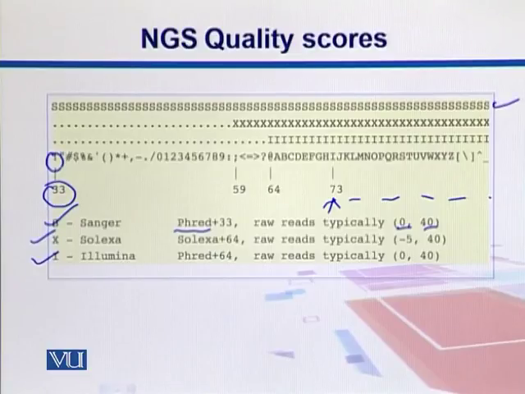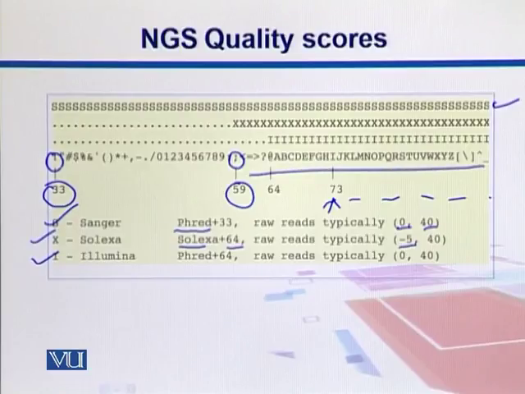X represents Solexa. Solexa is using the Solexa score, and it adds 64, and the characters they use start from here. Their typical score ranges from -5, so if you add 64 to it, it's 59. At 59 we have this character, and then they move onwards. What about Illumina?